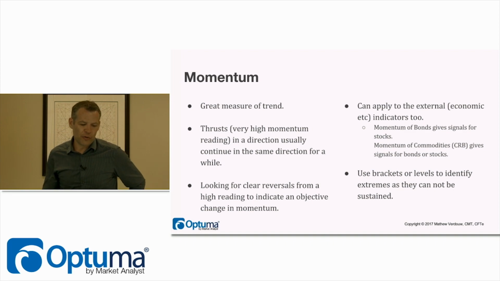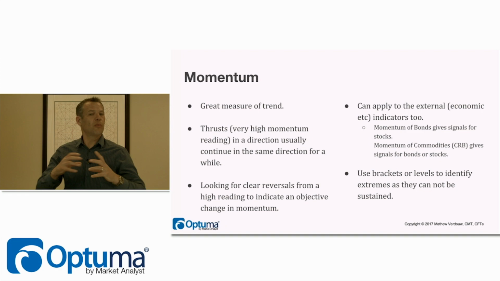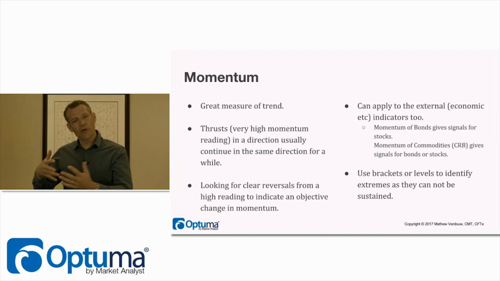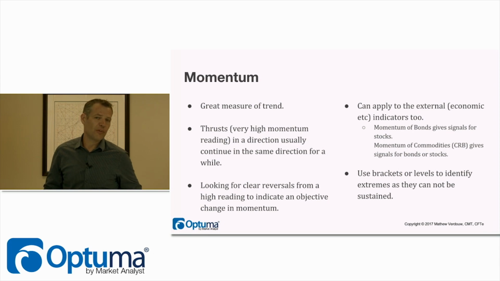Looking for clear reversals from high readings to indicate an objective change in momentum. We can apply this to the extremes, to external, so economic indicators. Putting momentum on an economic indicator is also really powerful. So all these techniques that we put to price, we can put on these other indicators as well and start using those to help us get an inkling of where things are going.